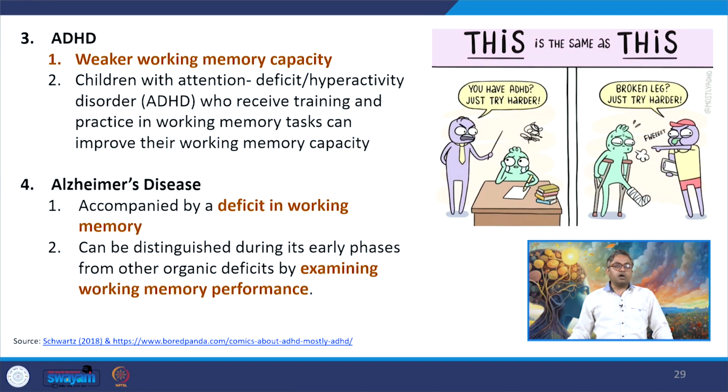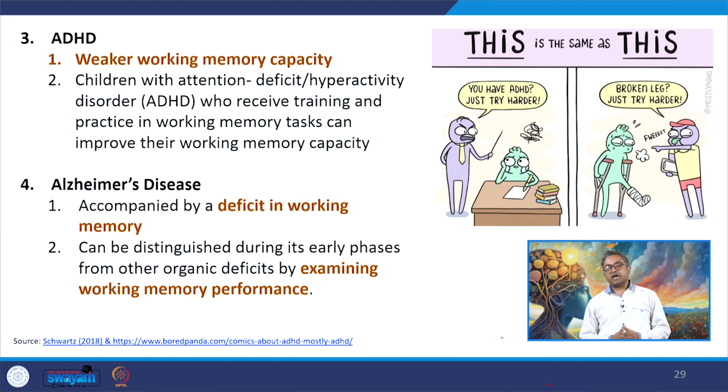Now let us also talk about ADHD, other than the two important sections here. The point we have to discuss about ADHD is that ADHD is a weaker working memory capacity. These individuals with attention deficit hyperactivity disorder seem to have a weaker working memory capacity.